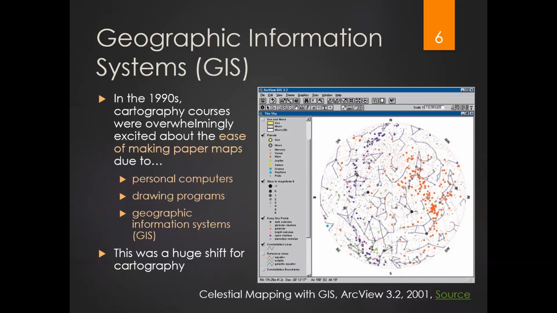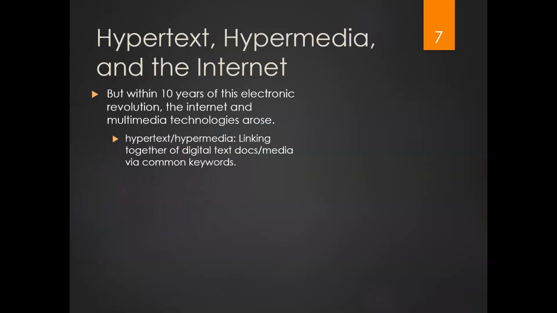We can use PCs to do the same thing. And of course, in 1990s, internet developed pretty fast, right? It provides our society a new way to connect, to communicate. It's also a good thing for cartography because we can make maps and share them using internet.